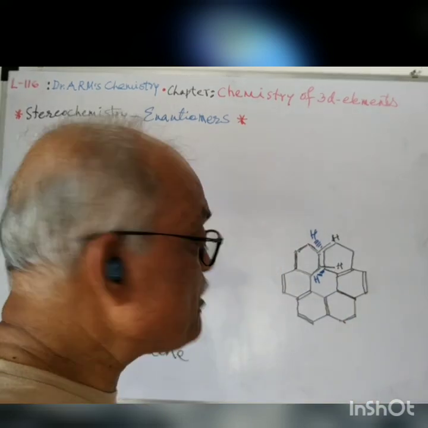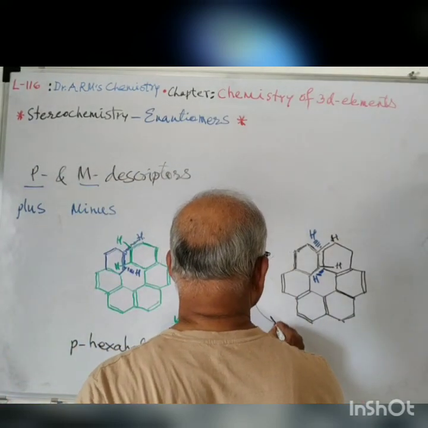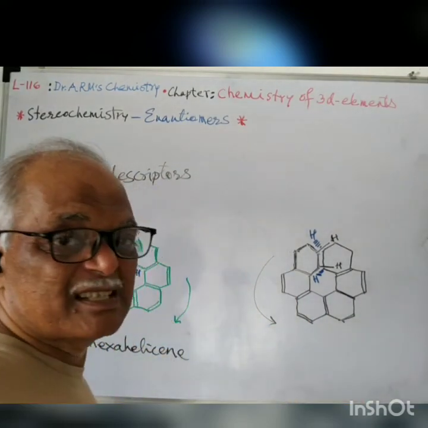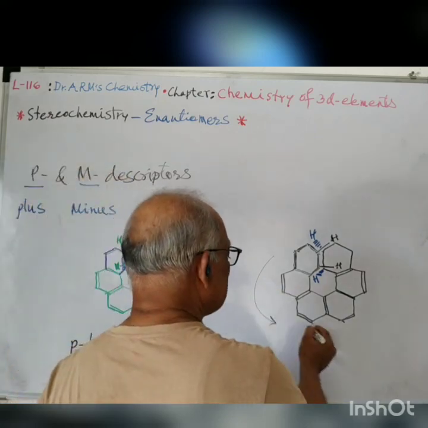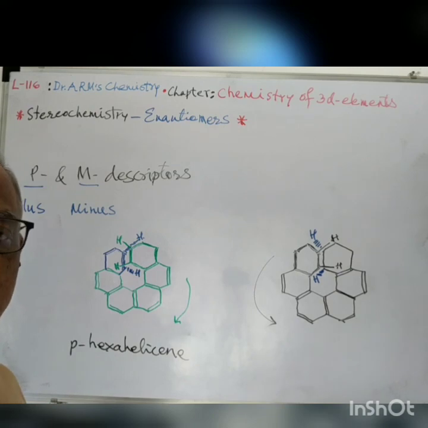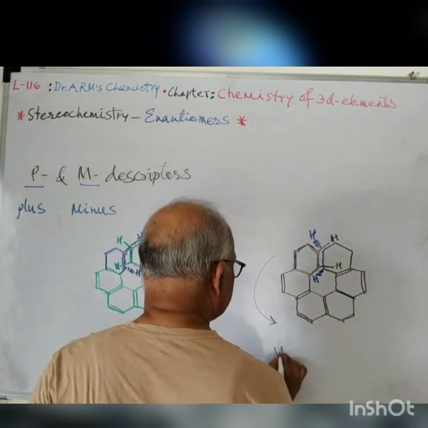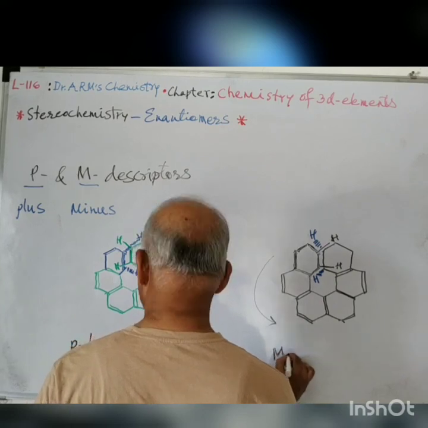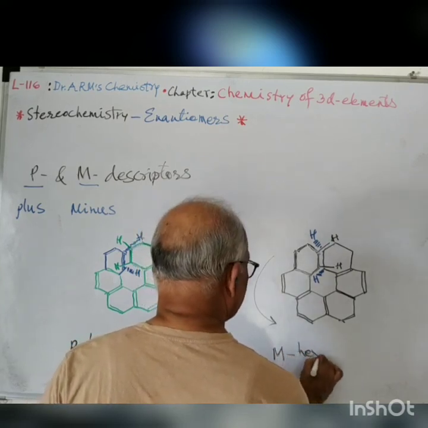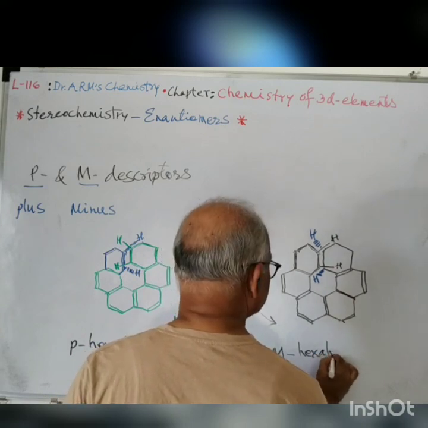Such type of arrangement in which the structure is moving down in a left-handed direction or anti-clockwise direction is called M, that is minus, M hexahelicene.